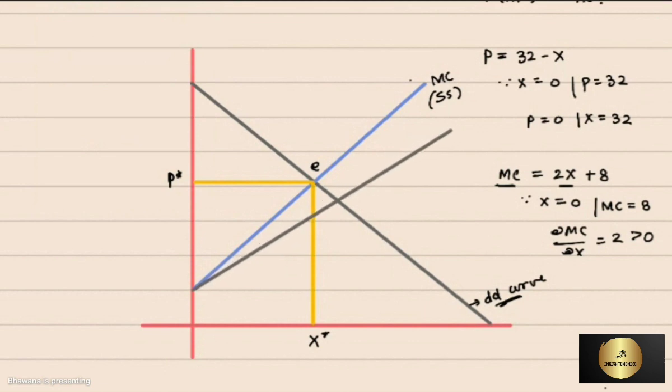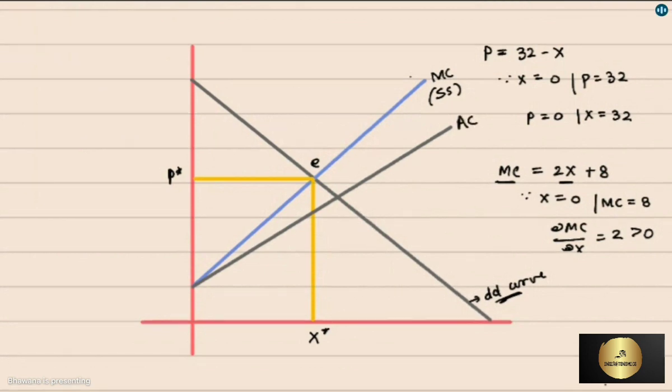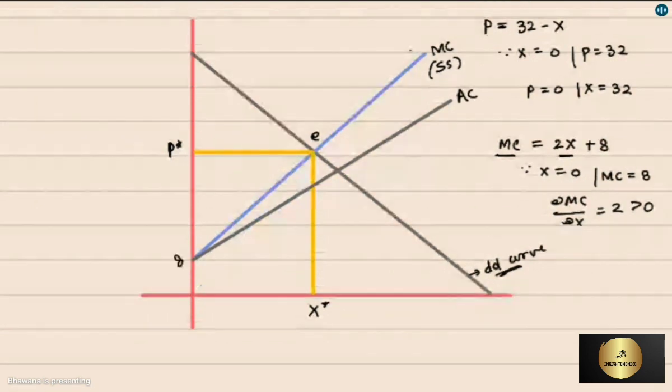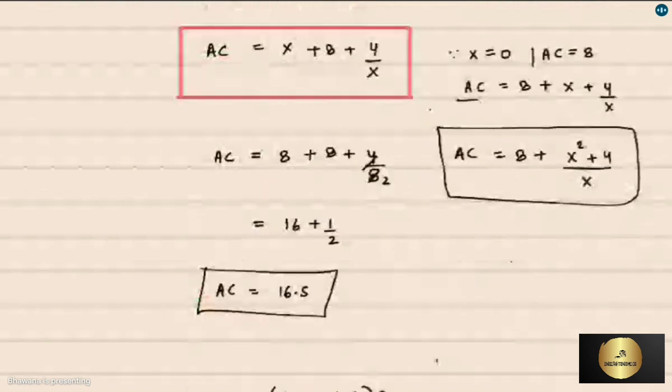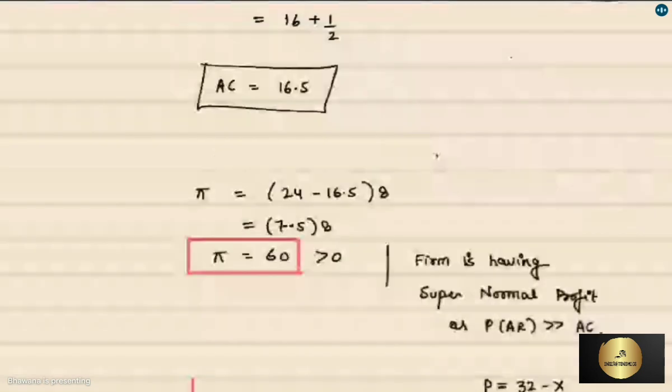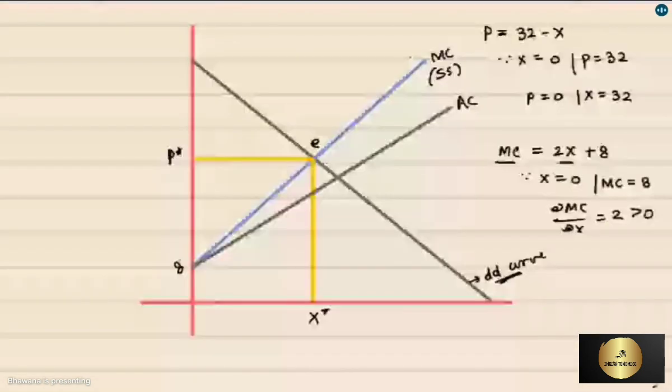This is the average cost curve, okay, because in both the scenarios, in case of marginal cost as well as average cost, the intercept term is the same, which is 8. When your x is equal to 0, your average cost is equal to 8, and marginal cost is also equal to 8.